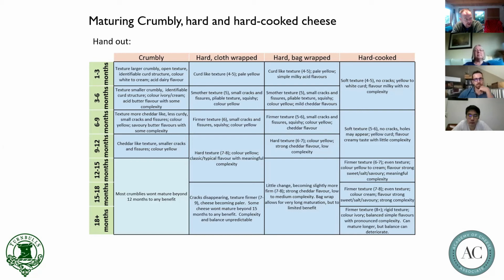And if we look at our hard cloth wrapped and hard bag wrapped together as a pair and look at what the differences are, the big difference with these 2 cheeses is that with a cloth wrapped, we have the possibility of air getting in and out. Okay, it's got a permeable membrane, which means we're losing moisture. Moisture is leaving the building, it's going out.